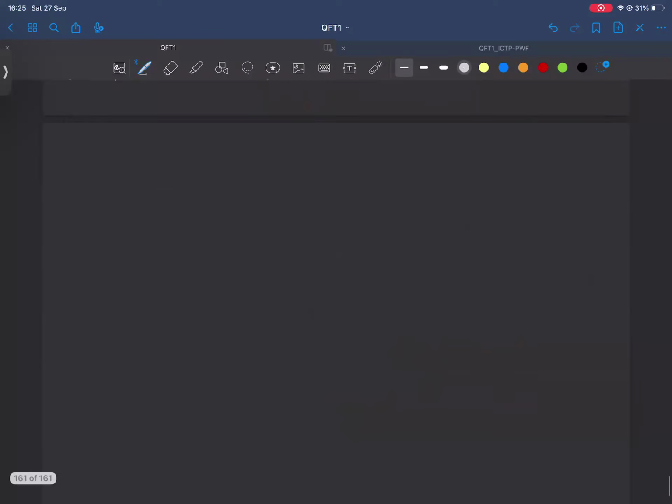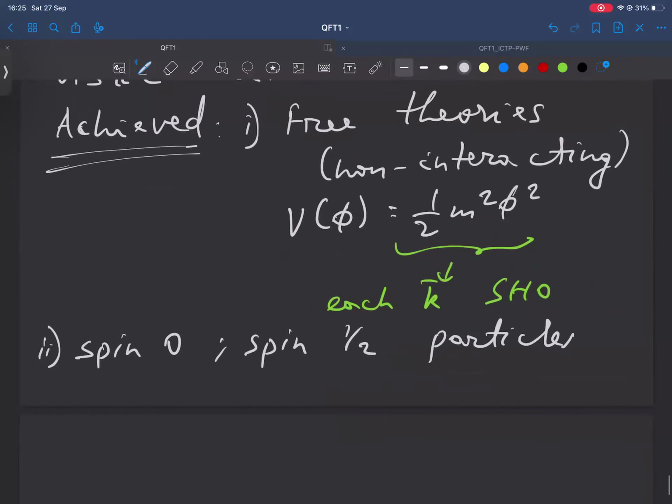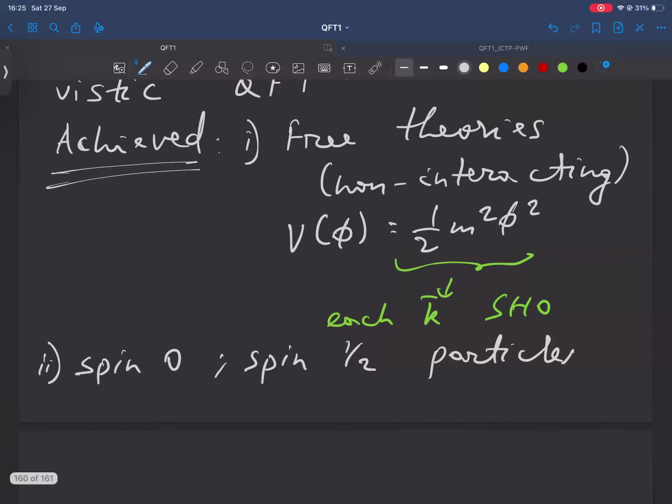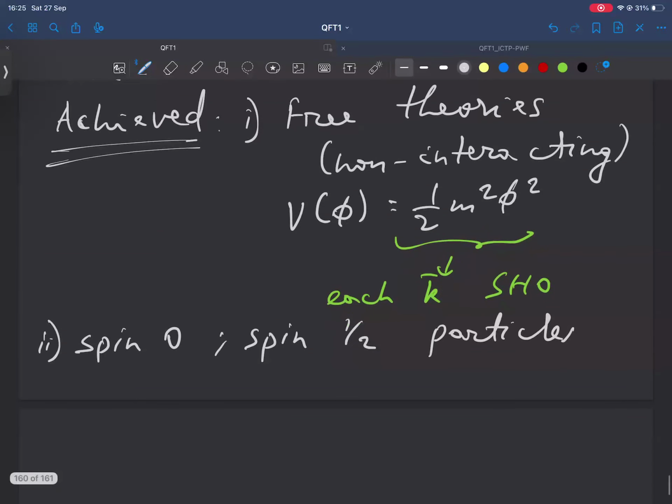Then the idea of spin, and how to use Lorentz invariance to constrain many things and give you all these nice qualities. All this we could learn only by studying free theories. But unfortunately, nature is not really free. Nature is very interacting. So we have only completed part A. In part B, you will next move on to understanding interacting QFTs.